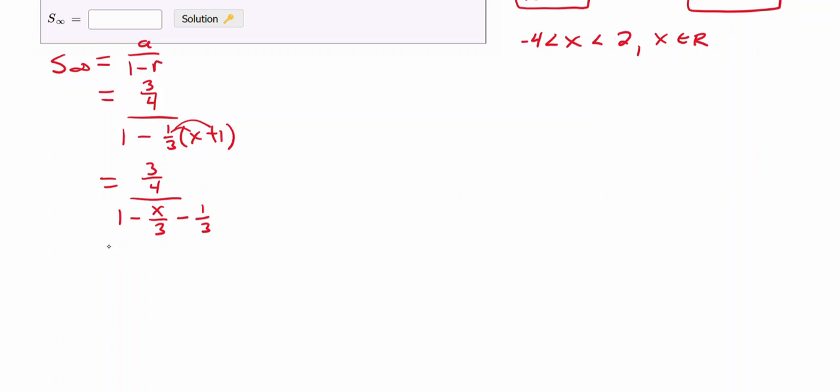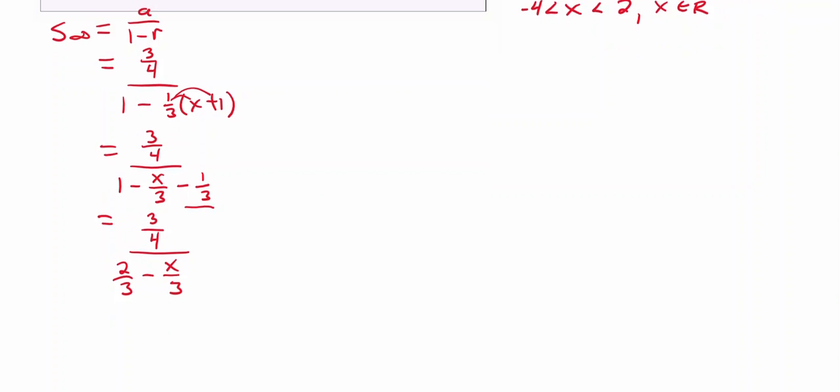Okay, so keeping on going, I'm just going to simplify the 1 and then minus 1 over 3 in the next row here. So 3 over 4 over, and you can think of this 1 as being 3 over 3, right? So 3 over 3 minus 1 over 3. This becomes 2 over 3 minus x over 3.